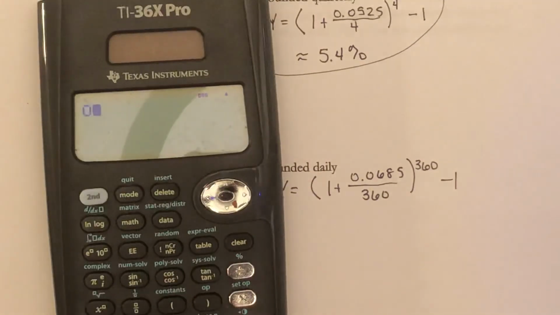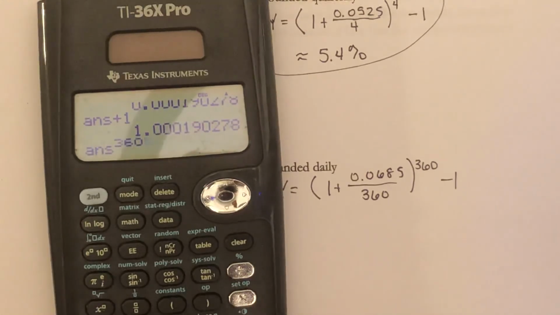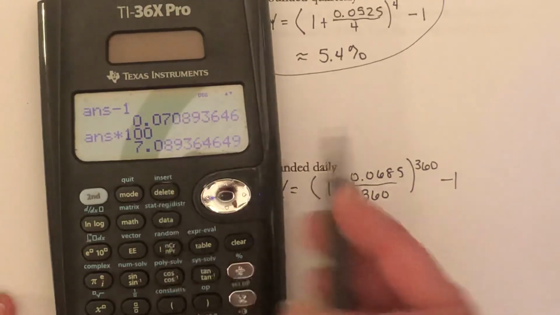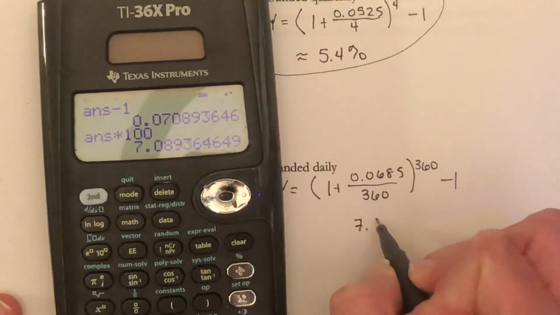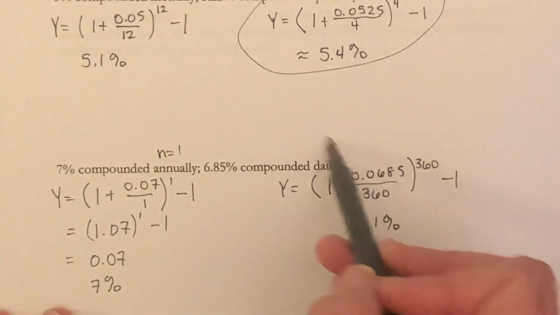So 360 minus 1 times 100 to get the percent, and we want to round to the nearest tenth. So this is about a 7.1% yield. So which of these is better? That one.